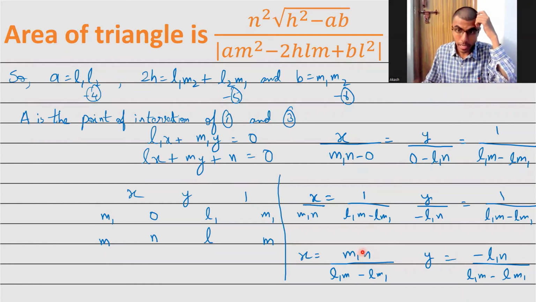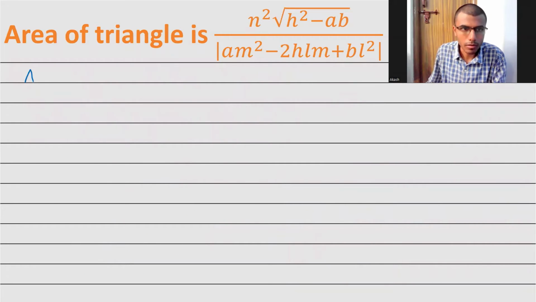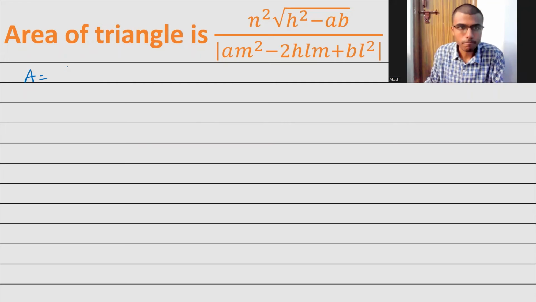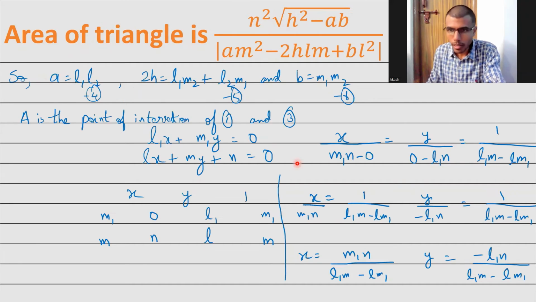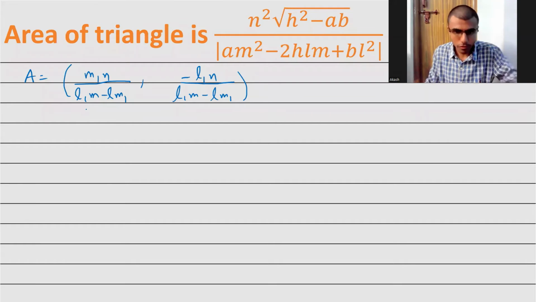This is nothing but my A. Therefore A is equal to M1N by L1M minus LM1, comma, minus L1N divided by L1M minus LM1.